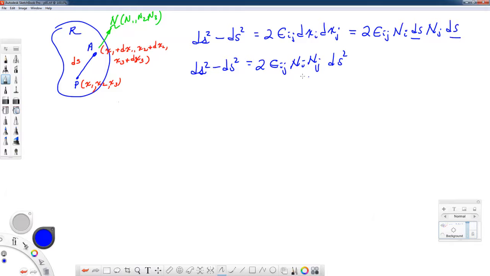And we're going to isolate the epsilon ij ni nj. So on the left-hand side, I'm going to have 1/2 times d script s squared minus d regular s squared, divided by d regular s squared. And then on the right-hand side, I have epsilon ij ni nj.